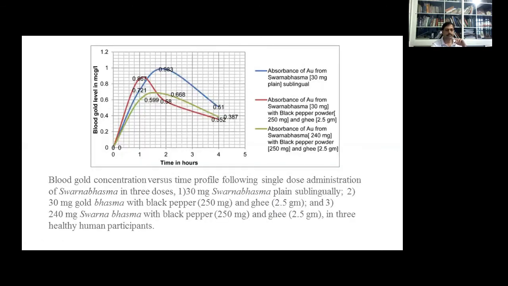So this is another work where blood gold concentration versus time profile can be observed, where Swarna Bhasma was administered sublingually alone, or Swarna Bhasma with black pepper and Swarna Bhasma with black pepper and ghee.